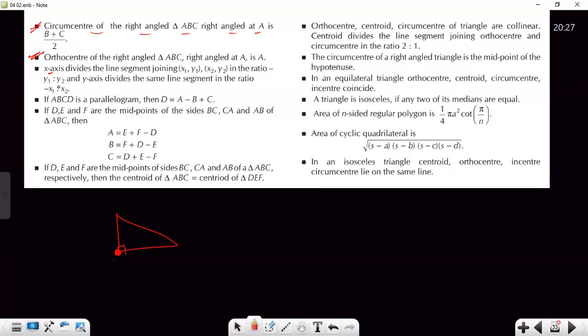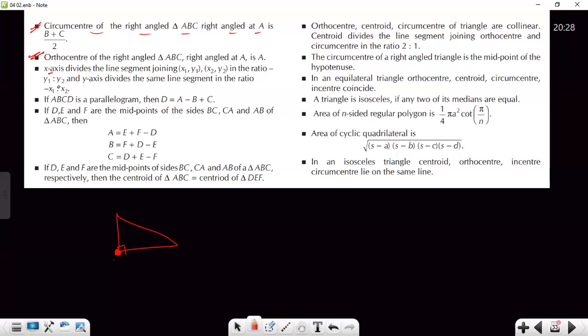Here we are discussing x-axis and y-axis dividing line segments. When the x-axis divides any line segment, the y coordinate will be 0 and there will be some x coordinate. And when the y-axis divides any line segment, the x coordinate will be 0 and there will be some y coordinate. And the ratios are given. This is like the direct result.